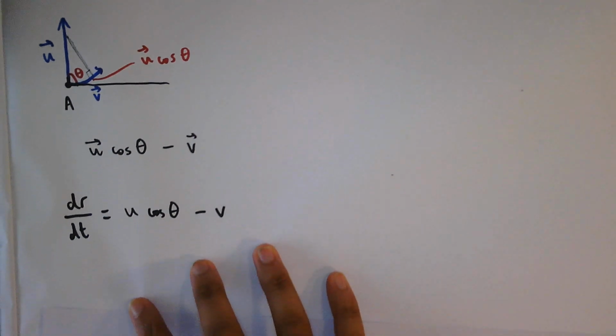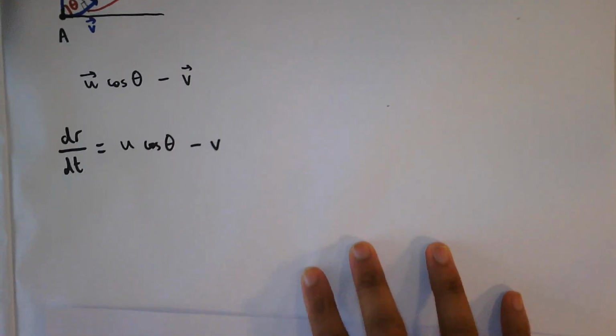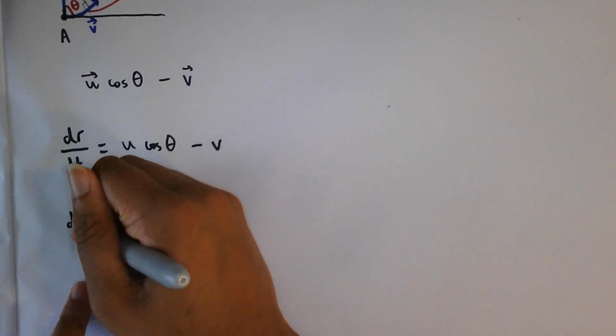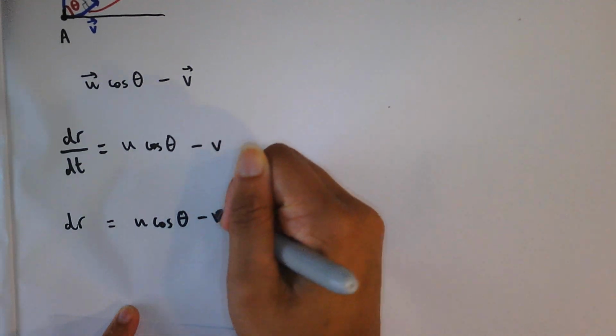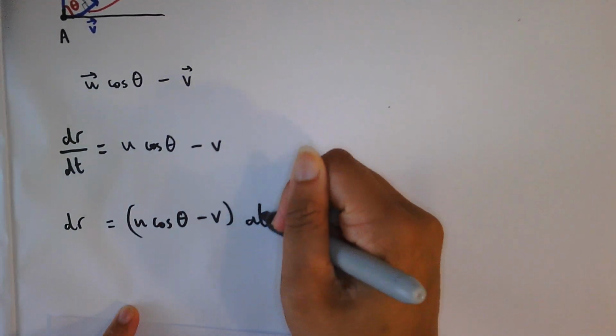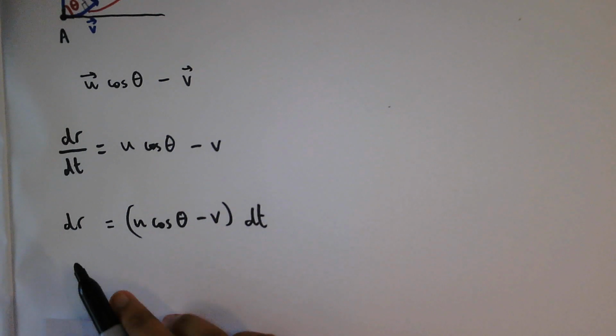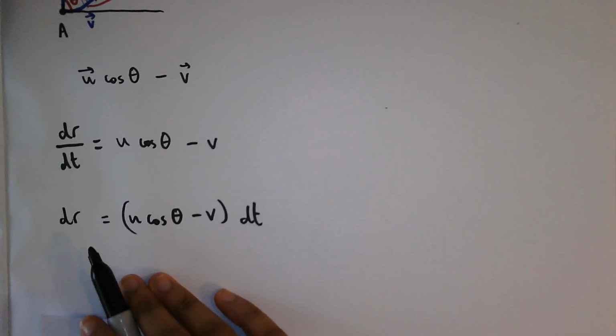And now that I have this, I can do some things with it. If I rearrange, dr equals (u cos theta minus v) dt. Now I can integrate this equation.